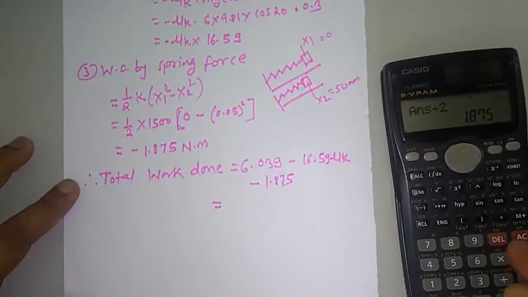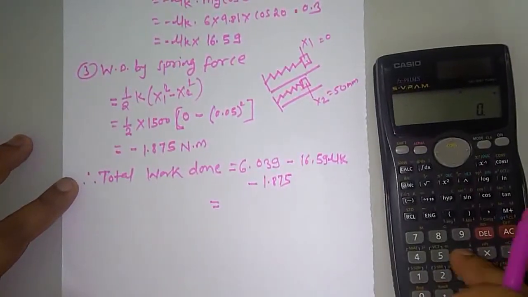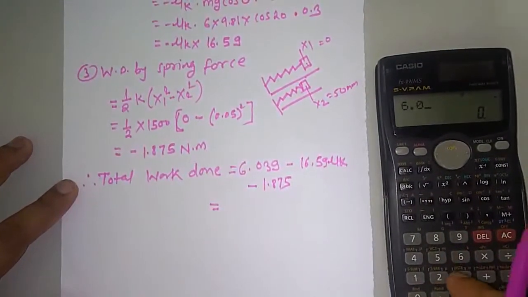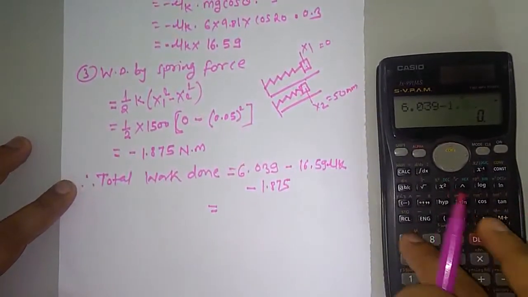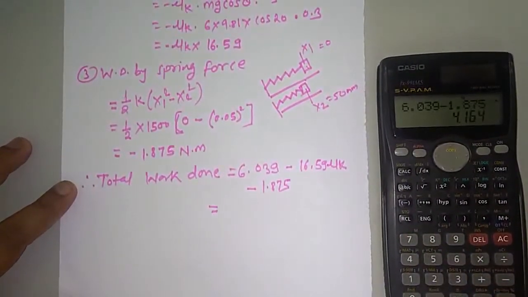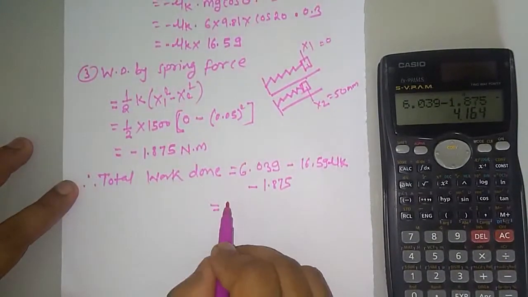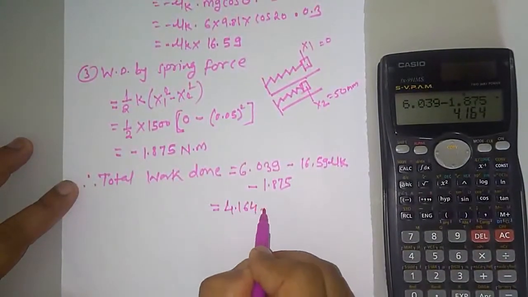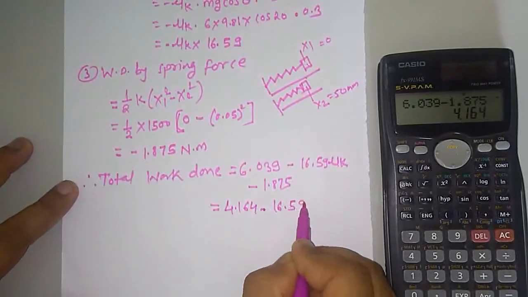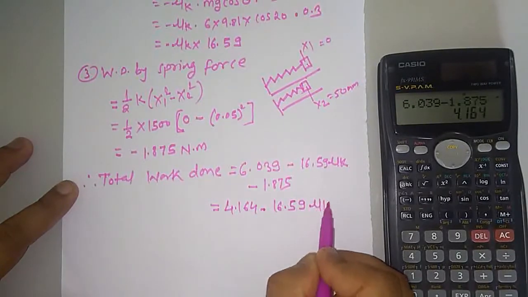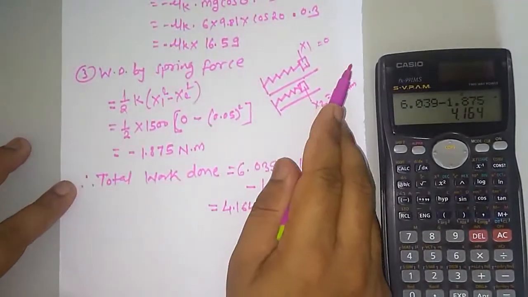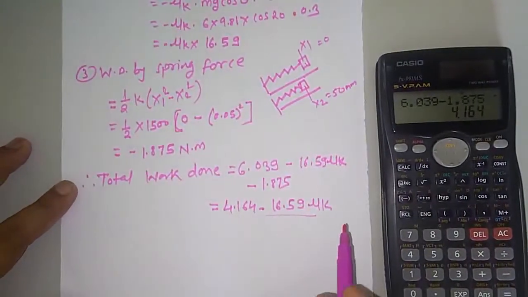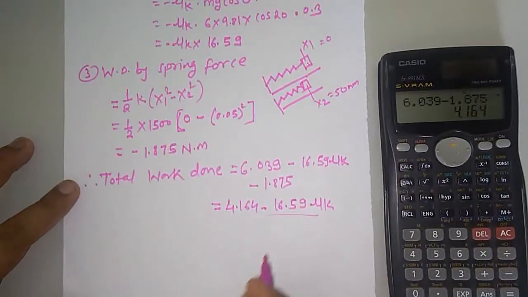So if you add this you will get 6.039 minus 1.875, so it is 4.164 minus 16.59 mu k. This is the total work done from position 1 to 2, block position from 1 to 2.